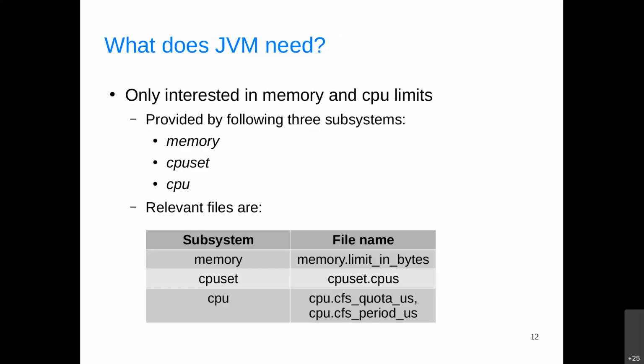And there is a quota and a period file in the CPU subsystem, which tells you how much CPU you can use in a given period of time. So these files are sufficient for the JVM to figure out the memory and CPU limits that are imposed by the container or the C group.